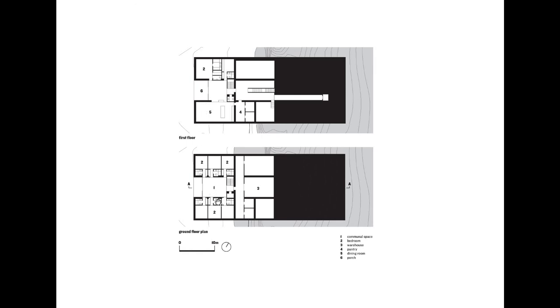And if you go further down, there are more bedrooms, more places, the warehouse behind the excavated hill, and a communal place that has a connection with the beach and with the ocean. You can see there are two staircases, one from the exterior and one interior staircase.